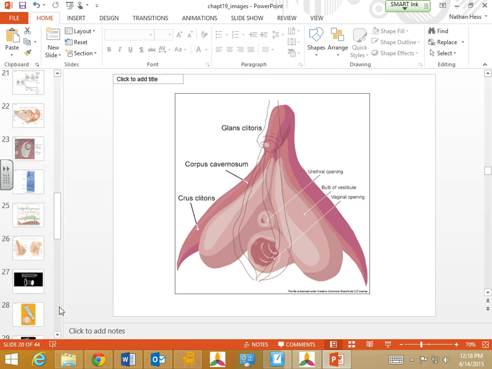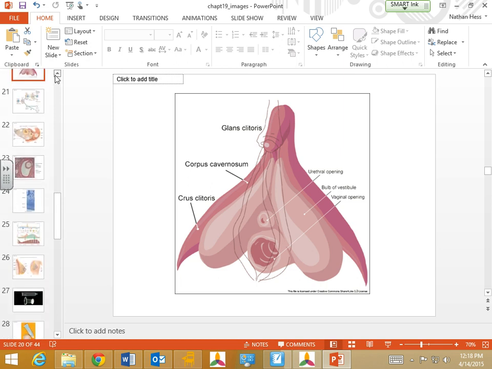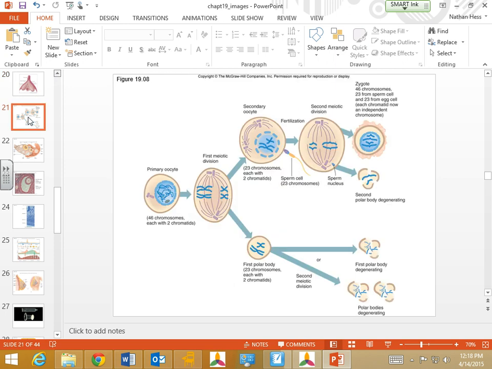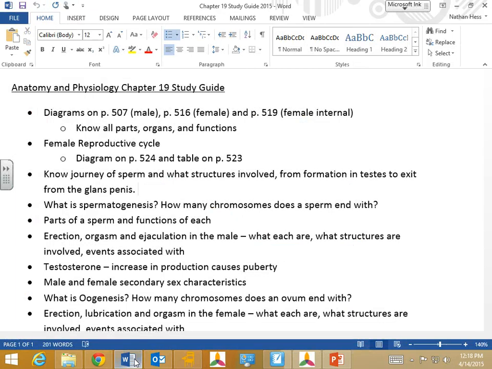Okay. Our next piece is where we're getting into oogenesis. So they're showing you again a primary oocyte breaks down so that you will have 23 chromosomes. Remember the same thing. What is oogenesis? How many chromosomes does an ovum end up with? It's the same thing for the males, right?